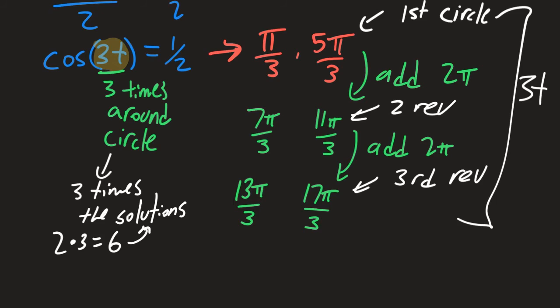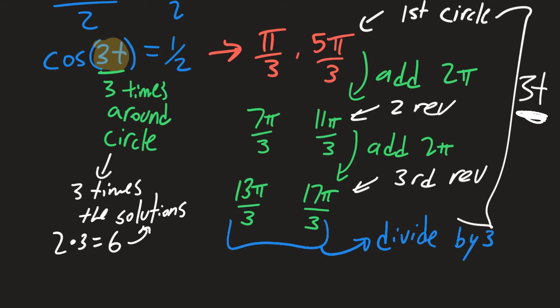And to get those final solutions, we're going to just divide by 3, because again, this was 3t. So let's take all of these numbers we've got and divide them by 3. You'll see there's a pretty easy pattern once we start doing this.